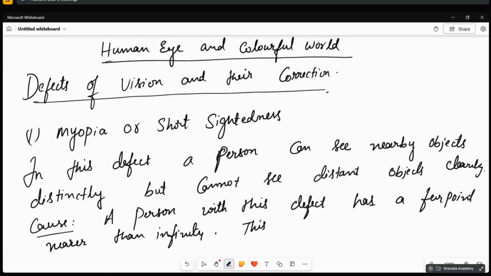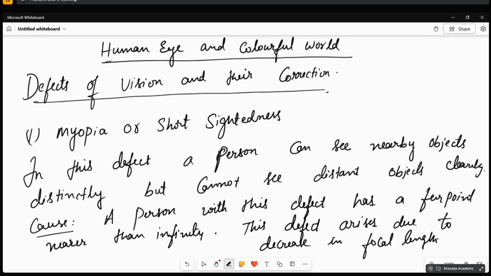This defect arises due to decrease in focal length. The reason may be elongation of the eyeball or excessive curvature of the eye lens.